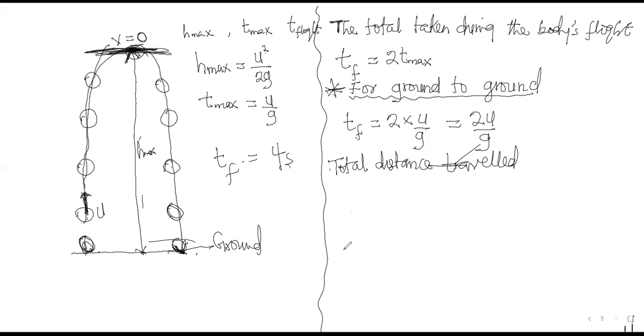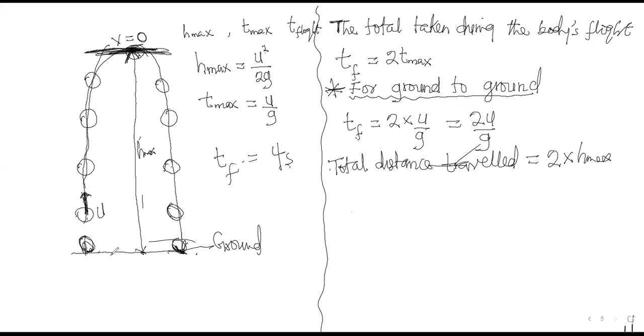Imelda, Anita, Alcida, what will be the total distance traveled in this case? Everybody is quiet. Frank. The total distance would be two times the distance from the ground to the point where the final velocity is zero.